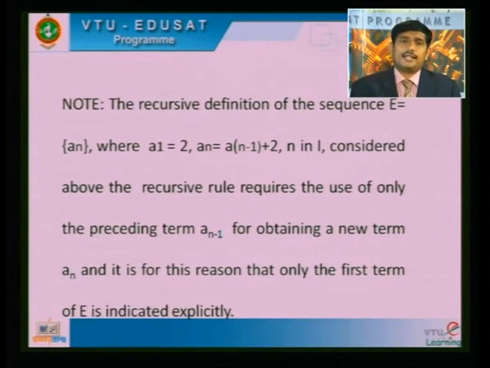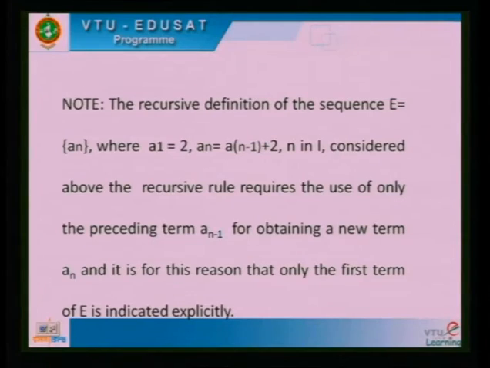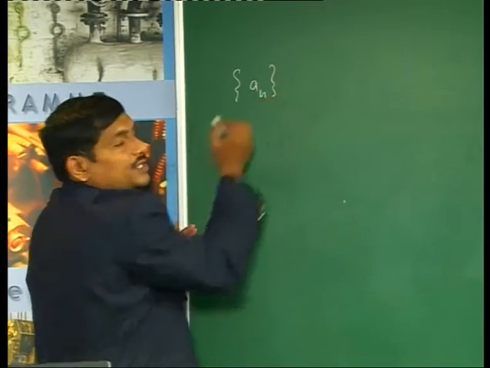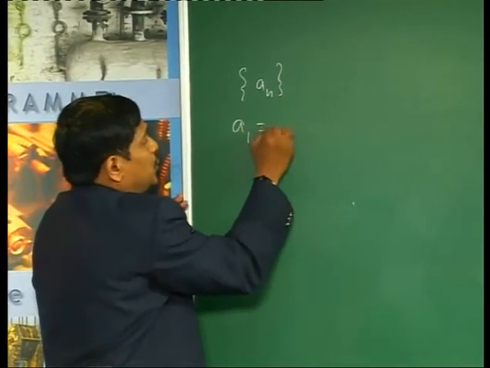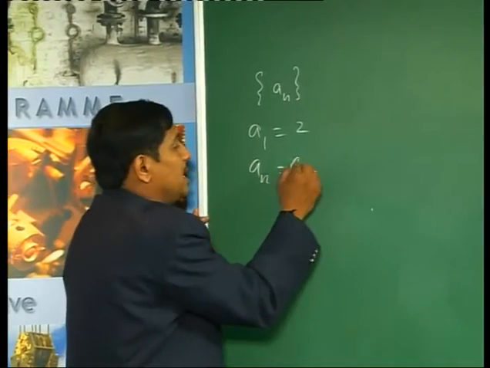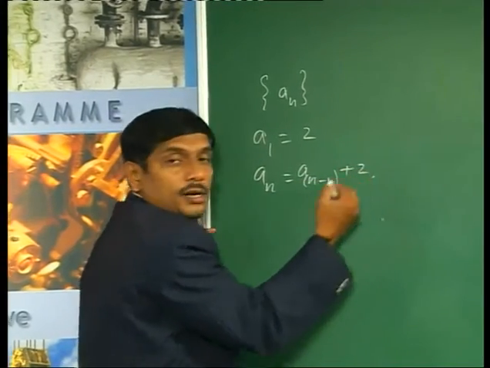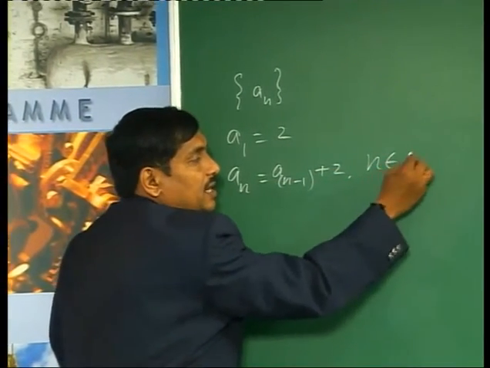Here we note the recursive definition of the sequence E equals a suffix n, where a1 equals 2 and a n is represented as a n minus 1 plus 2, where n is an integer.